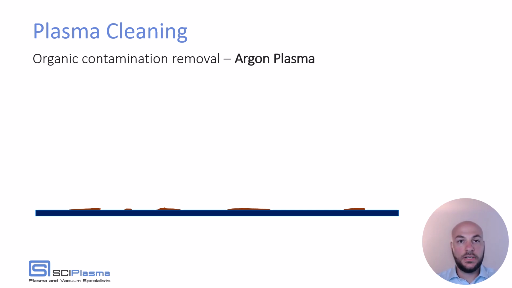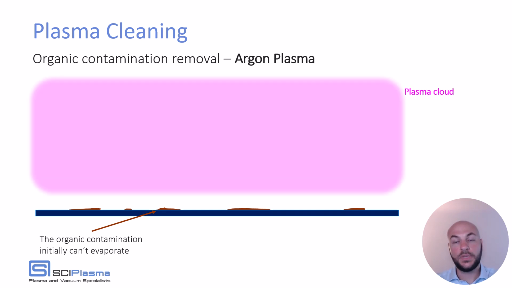Let's talk now, for example, about how an argon plasma can remove organic contamination from a product. As we just said, the organic contamination cannot escape the product because it has a very low vapor pressure and cannot evaporate from it. What we do is take this dirty product and expose it to a plasma cloud. Inside the plasma cloud, we have different species.